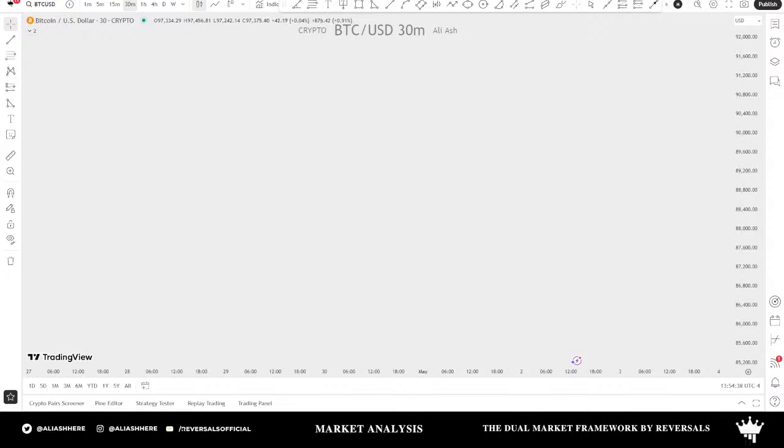And if you're able to understand the fake outs, you will be able to find the reversals as well. Then we have change of characters and BUS, where we'll use some SMC here. And then finally we have a reversal.